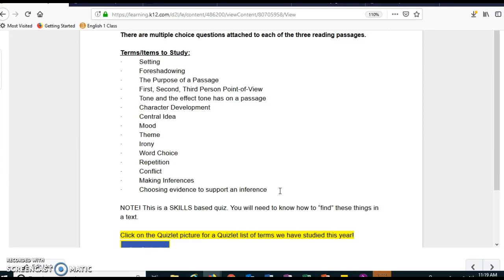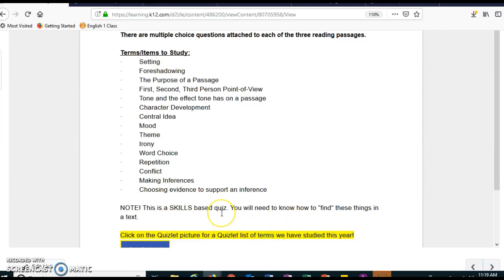But legitimately, these are things you should have been learning for the past 3 or 4 months. So it's super important that you're not trying to jam all of this into your head in the next 5 hours. You want to make sure you've paid attention through the whole semester and that it's information you probably already know, right? It's kind of a check to see what you've been doing and if you've been paying attention, okay?